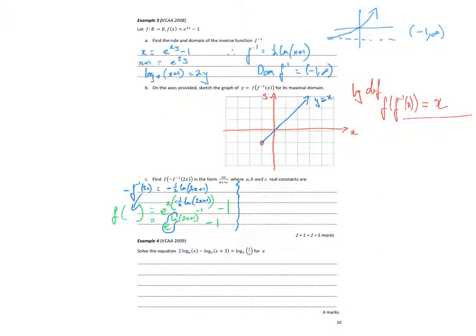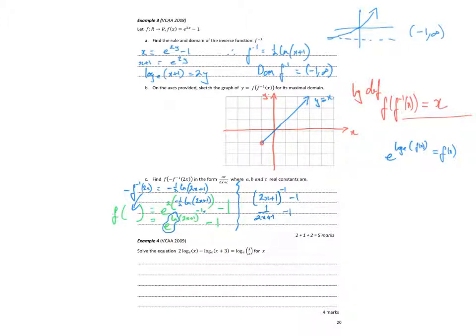Okay, so e to the log base e of whatever you've got in here, I'm going to call it f of x, is just equal to f of x. So this expression gives me 2x plus 1 to the power of minus 1, minus 1. So I get 1 over 2x plus 1 minus 1.